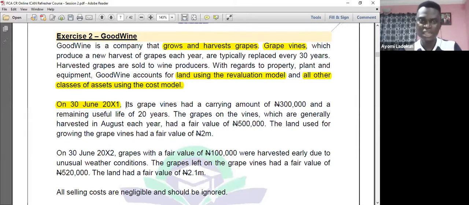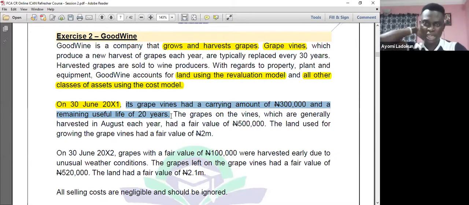That's it. It said its grapevines had a carrying amount of 300 with a remaining useful life of 20 years. So what do I do to the grapevines? I've already known that grapevine is a bearer plant from this question. And he said all other classes of assets are carried at cost model. And I've told you, whenever you want to get the carrying amount of an asset, what do you do? You look at the cost or the carrying amount minus accumulated depreciation and accumulated impairment losses.